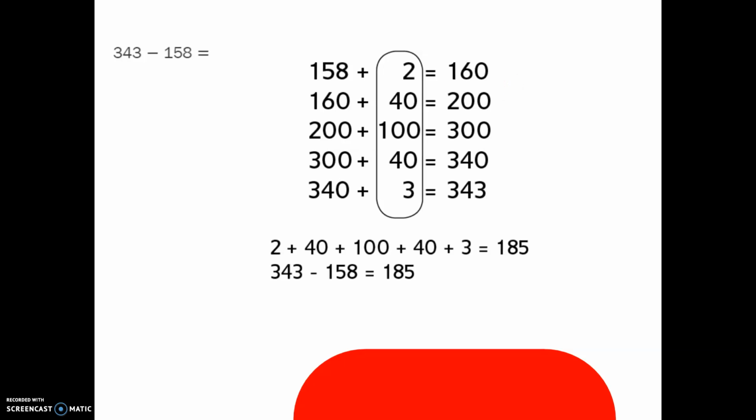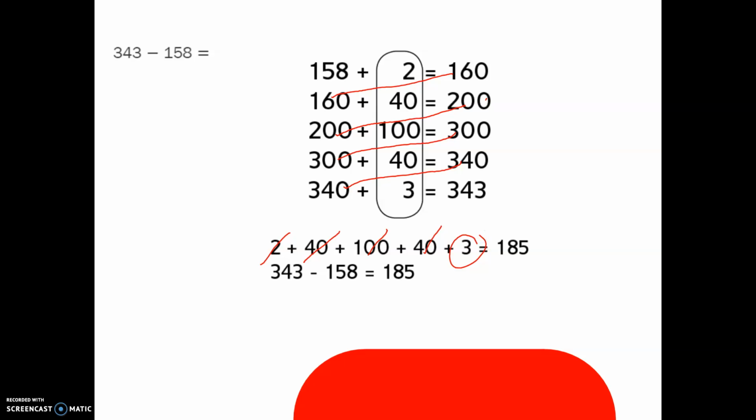Then took that 160 and wrote it here and added the 40. Okay, got 200. Moved the 200 over and added the 100. We got 300. Moved the 300 over, add the 40, 340. Moved the 340 over here, add the 3, got 343.